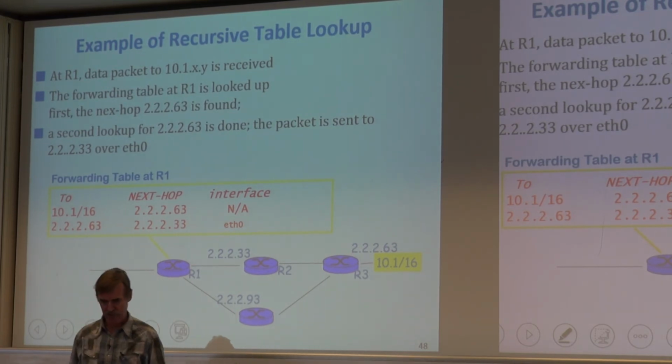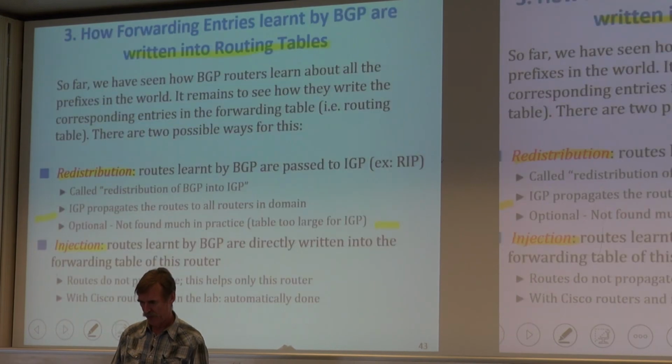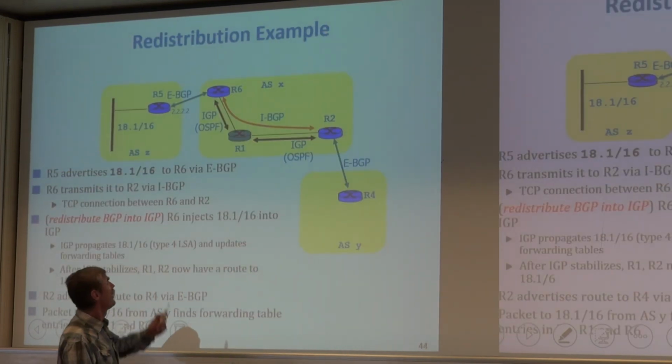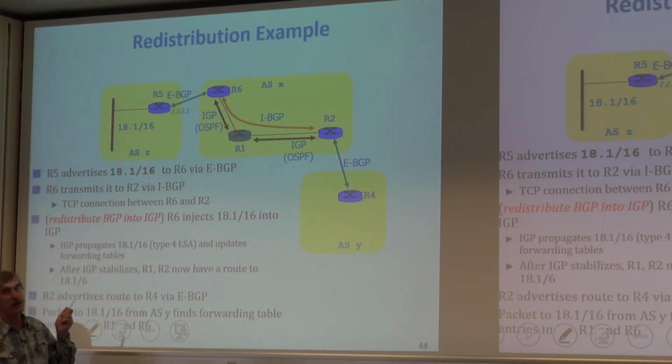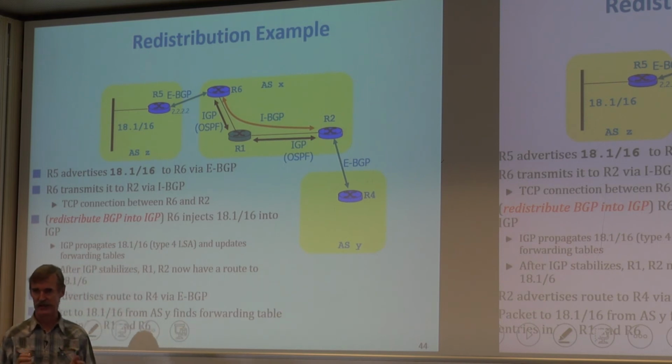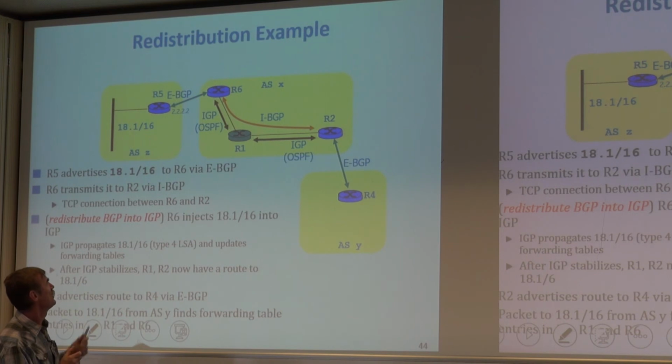If I am R6, I learn a route to 18.1, but what is the information that BGP learns? There is one very important attribute. There are weights, perhaps, priorities, things like this, but one vital attribute is the next hop. So the next hop at R6 is an IP address like 2222.